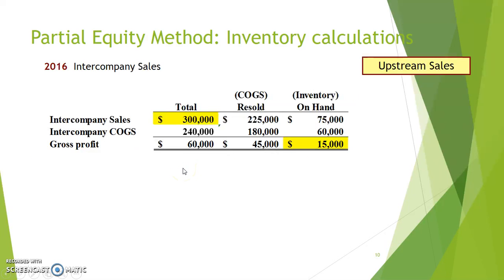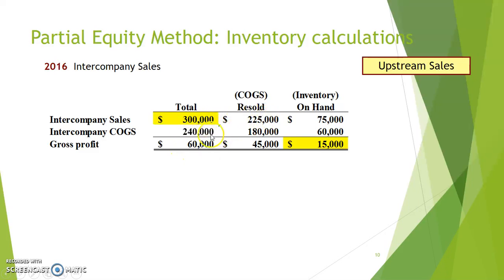$75,000. So to calculate our inventory, we note intercompany sales of 300,000. In total, a markup of 20% will give us 60,000 in profit.